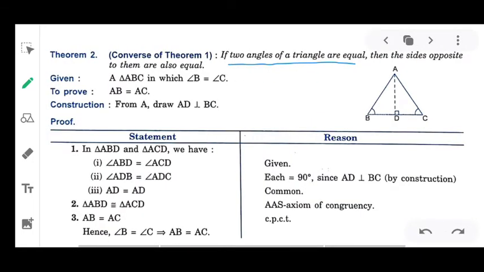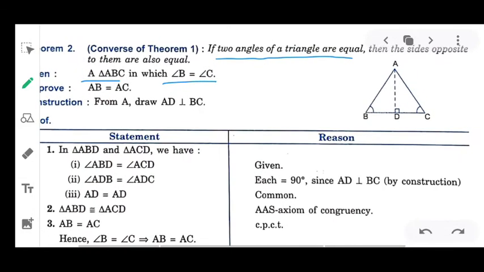So first write down a triangle ABC in which angle B equals angle C, and we have to prove AB equals AC. There is a construction: from A, draw AD perpendicular to BC. Now coming to the proof, in triangle ABD and triangle ACD, we have angle ABD equals angle ACD, that is already given.